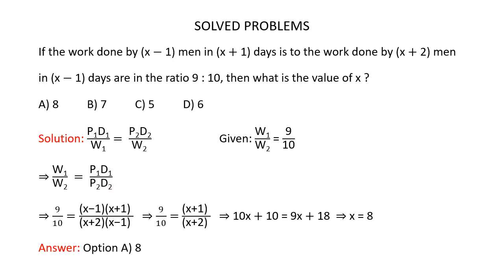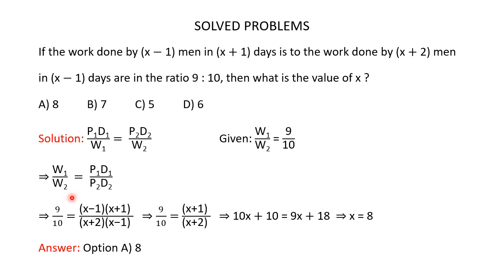Now W1 divided by W2 is 9 by 10. P1 the number of men is x minus 1. D1 the number of days is x plus 1. P2 the number of men is x plus 2 and D2 the number of days is x minus 1.